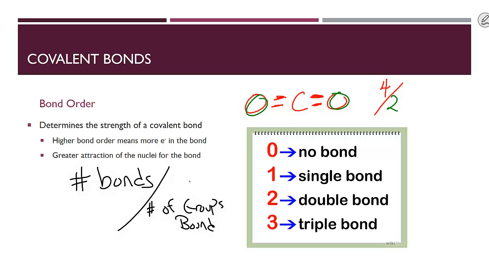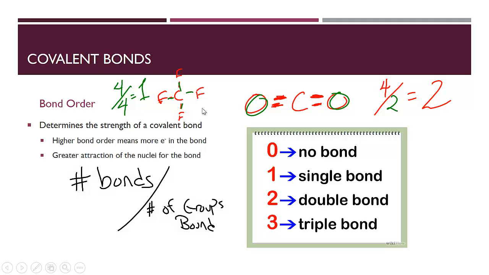So our bond order for carbon dioxide is 2, meaning there's a double bond. This is a much stronger attraction than, say, carbon tetrafluoride, where there are 4 bonds and 4 terminal atoms, so a bond order of 1.